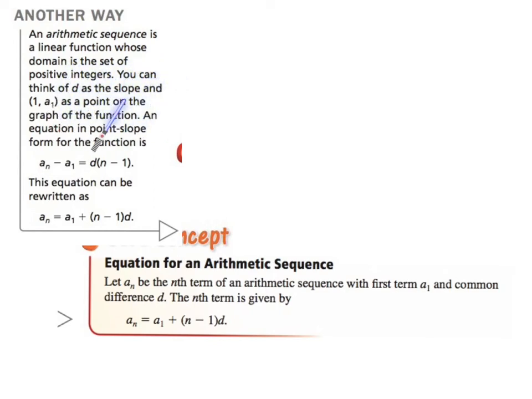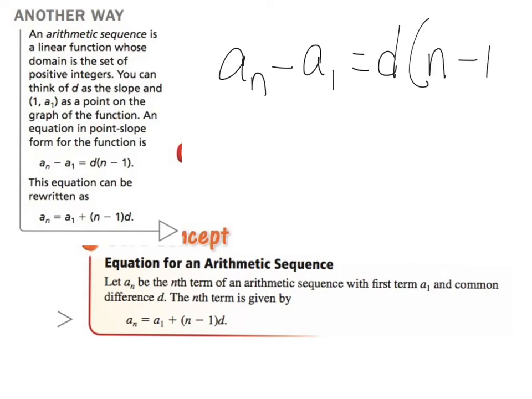An equation in point-slope form would be this. Remember, this is y minus y1, but since y is now a sub n, it's a sub n minus a sub 1 equals the slope, but the slope is really the common difference. And then remember, your x value is really n.